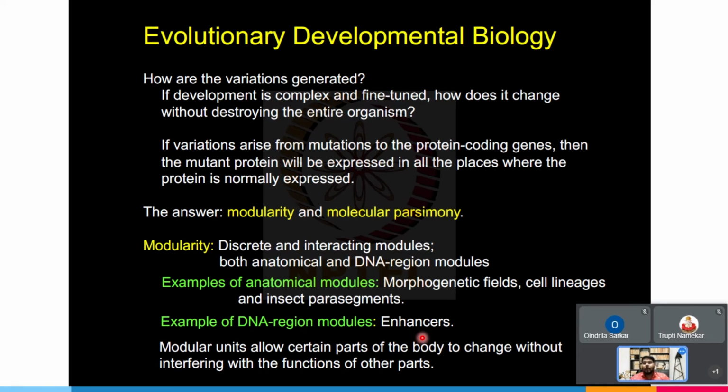We had already gone through the modularity of enhancers previously: if there is a tissue specific enhancer for a particular tissue, and we take that enhancer and put it into the enhancer region of another gene, then that gene will only be expressed in that tissue.